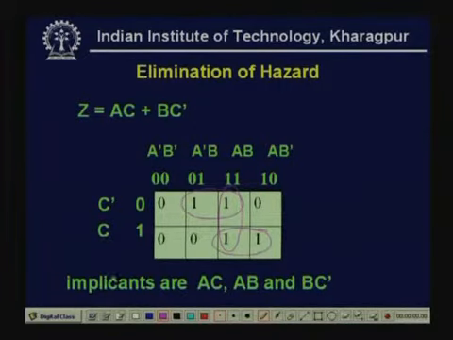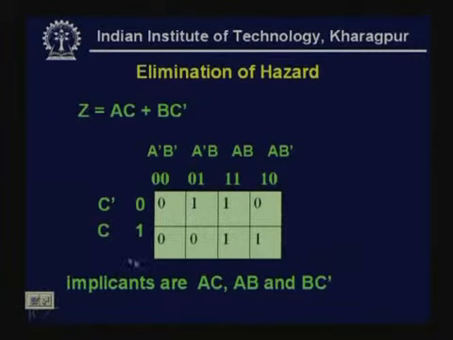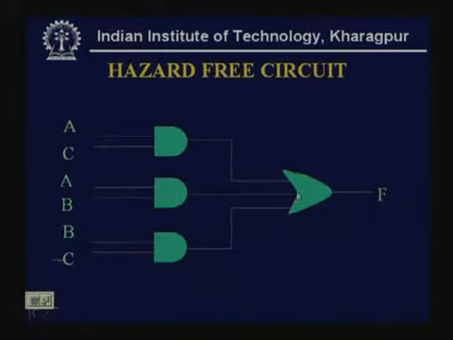So, what will be the circuit? See that this is AC, AB, BC dash. There are 3 min terms and this is a sum of product form. So, whatever be the value of C or C dash, even if C switches from 0 to 1 or 1 to 0, actually it is immaterial, because by the truth table of the OR gate, if any one of the inputs of the OR gate is 1, then the output will be 1.